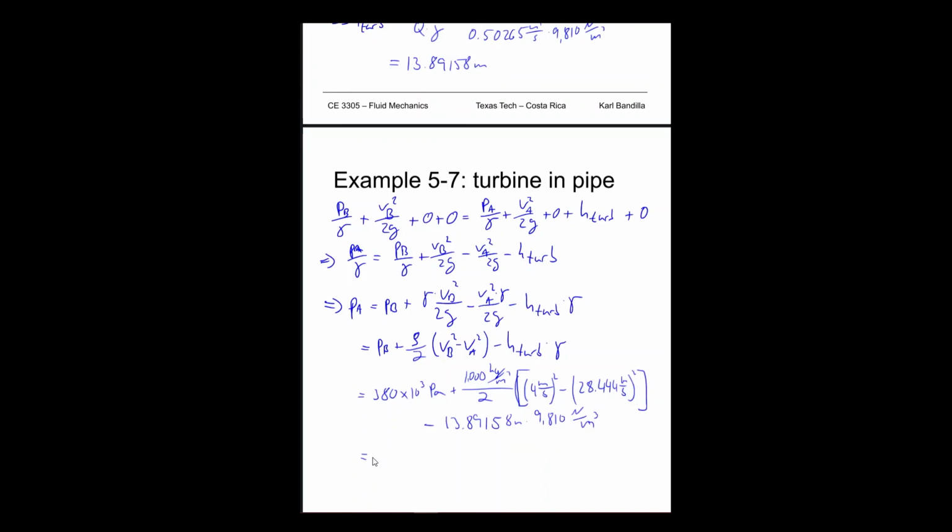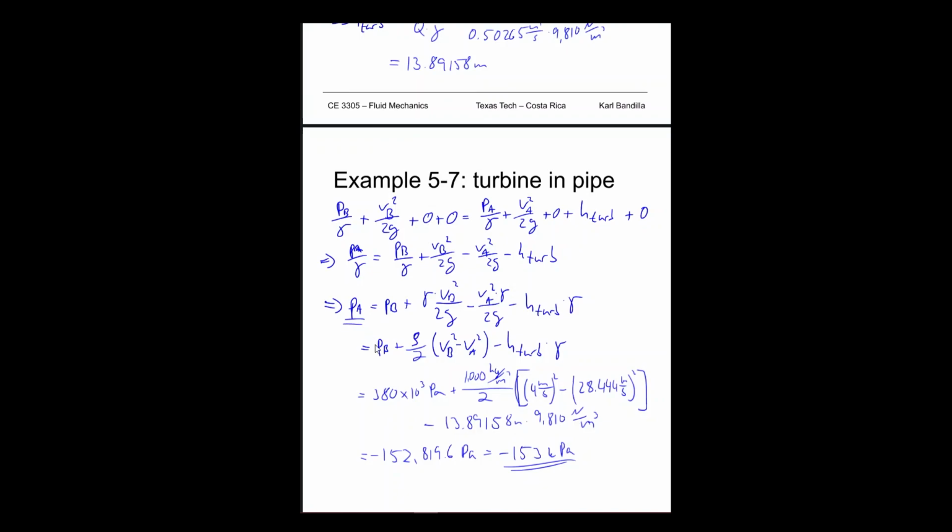And when I plug that in, I get minus 152,819.6 pascals, or if I go to kilopascals and 3 significant digits, minus 153 kilopascals. So that would be our pressure.